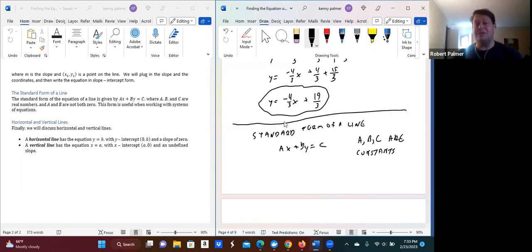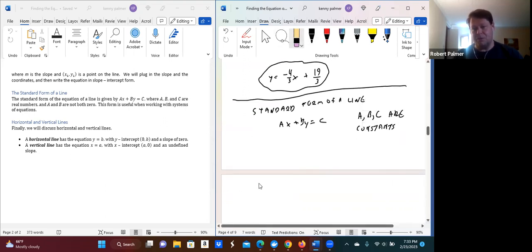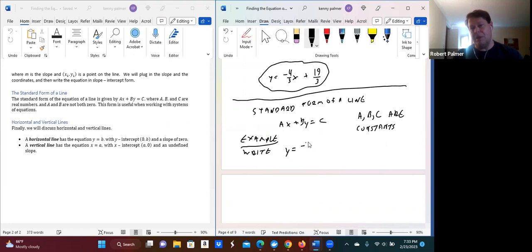So let's actually take our last example and write it in this form. Let's write our previous one, y equals negative 4/3 x plus 19/3, in standard form.